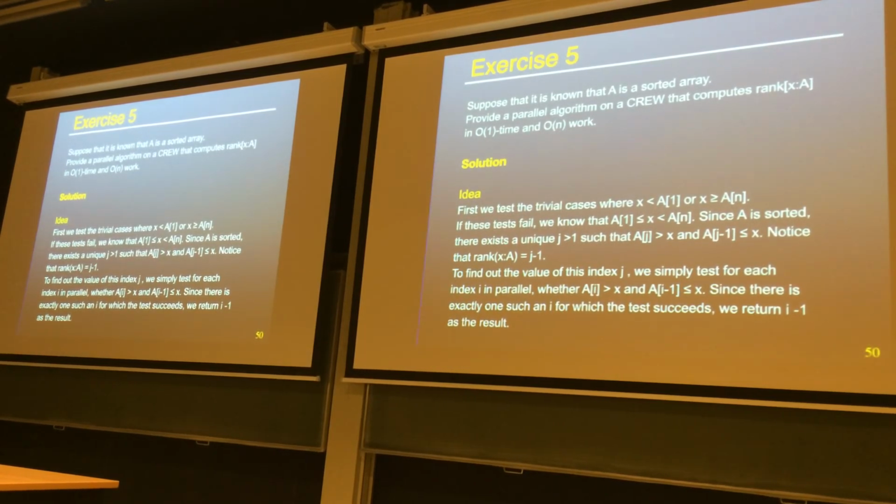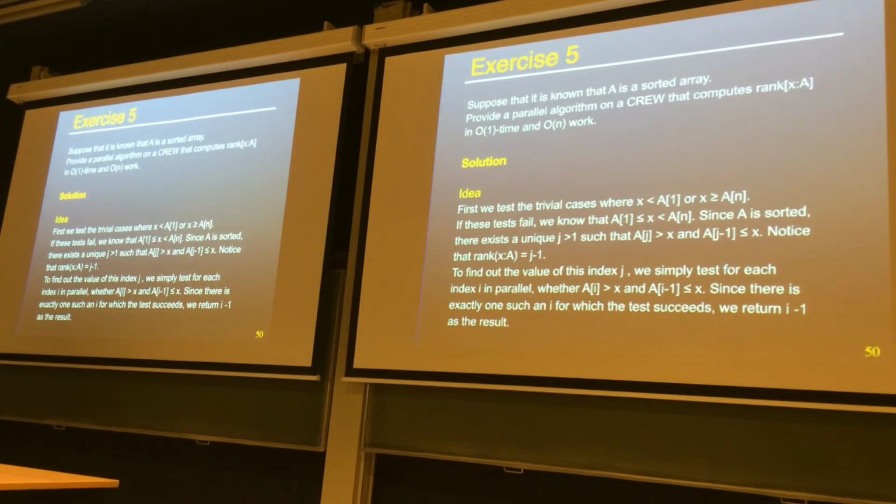So, let's start. First of all, we have to check whether the computation could be trivial, in the sense that x could be less than a1, or x could be at least as large as an. Because in that case, we can immediately provide the answer, 0 or n.